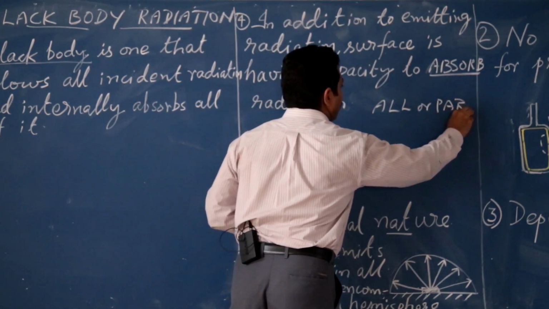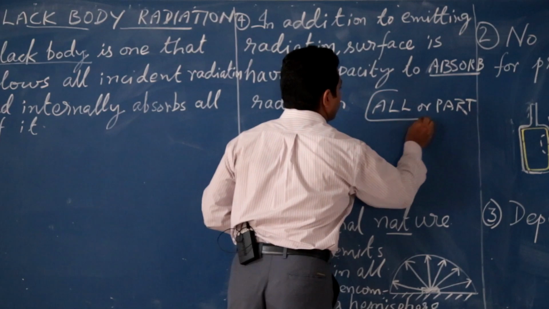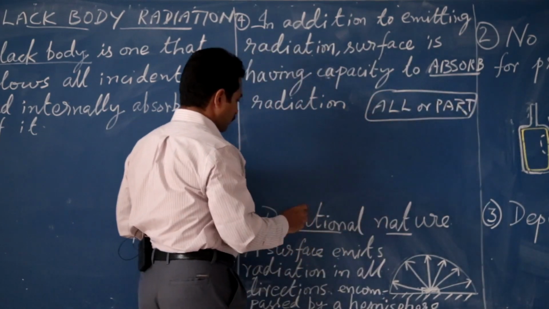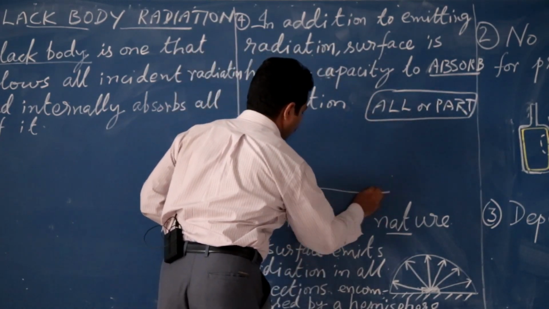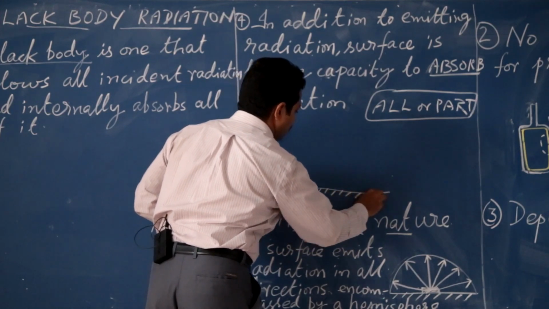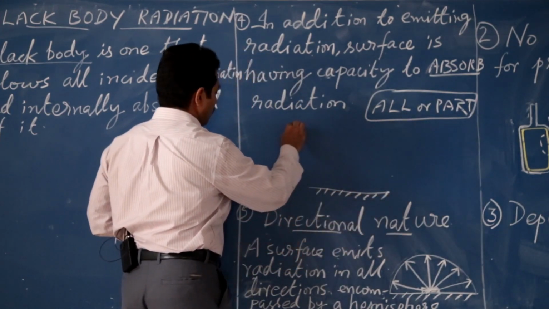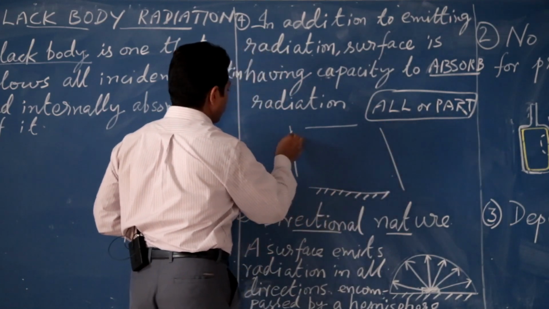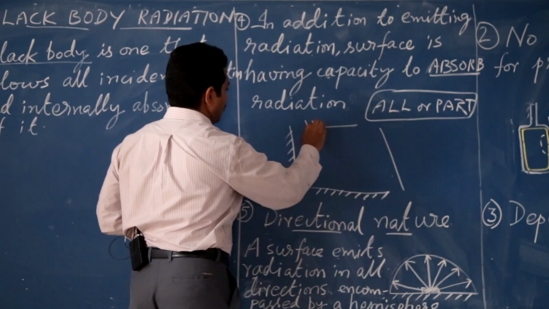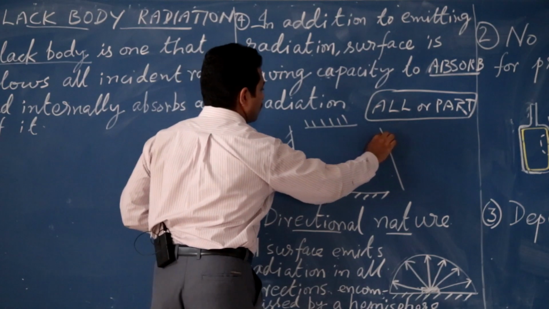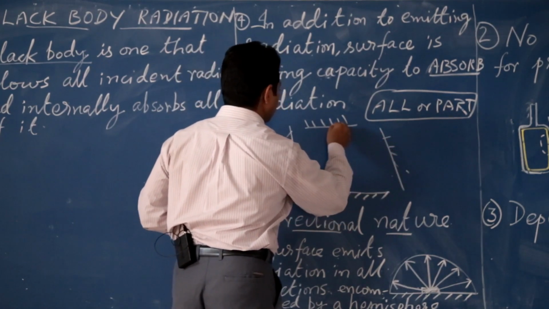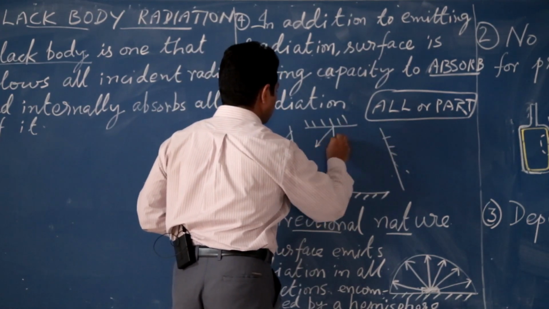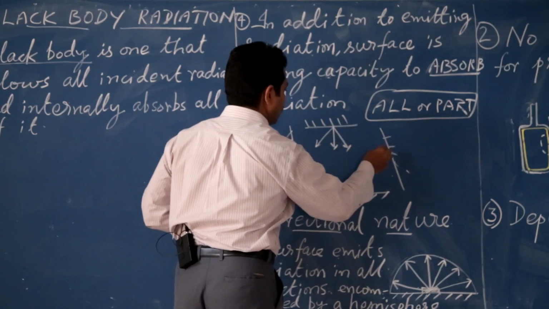It can absorb all or part of the radiation. Suppose we are considering a surface here, and these are some surrounding surfaces. When we consider these surrounding surfaces, there is a chance that they can radiate.